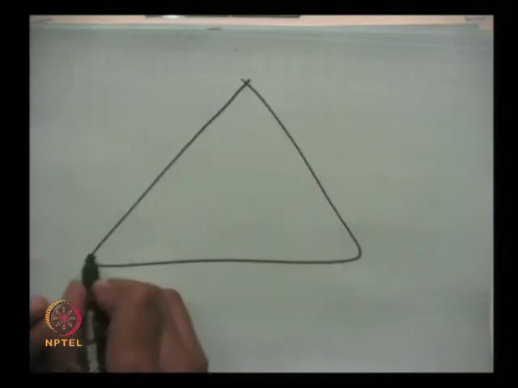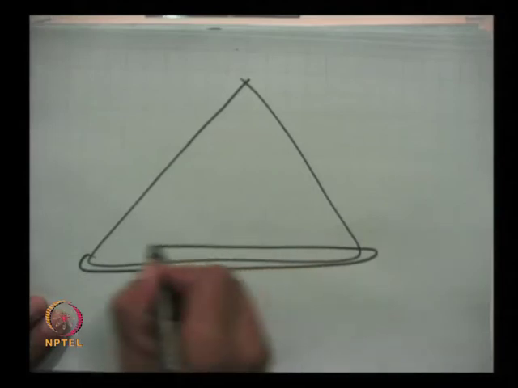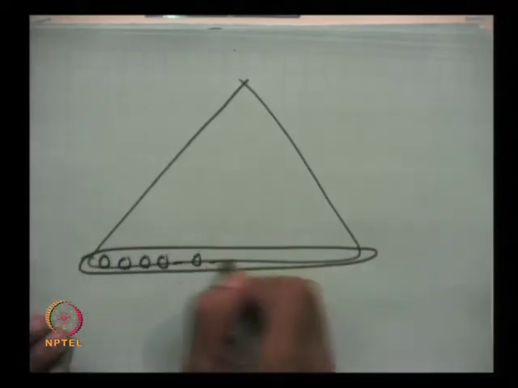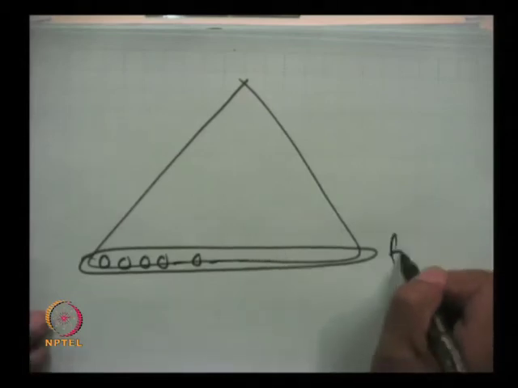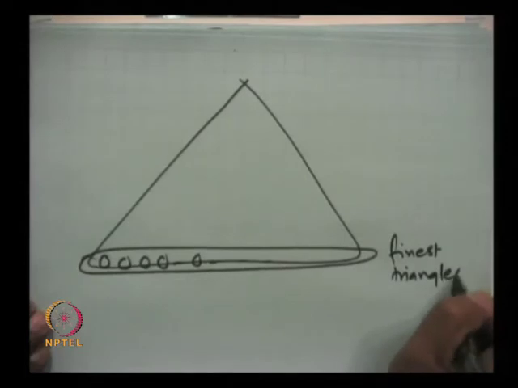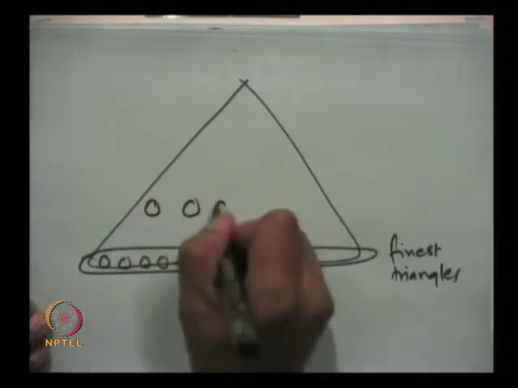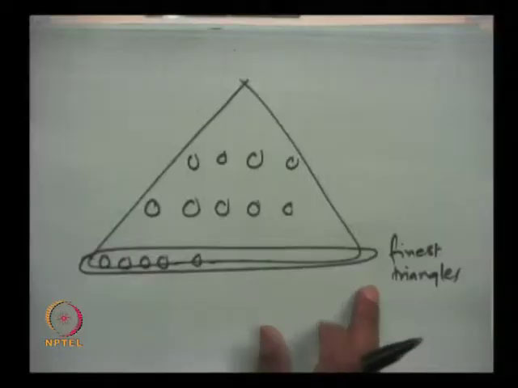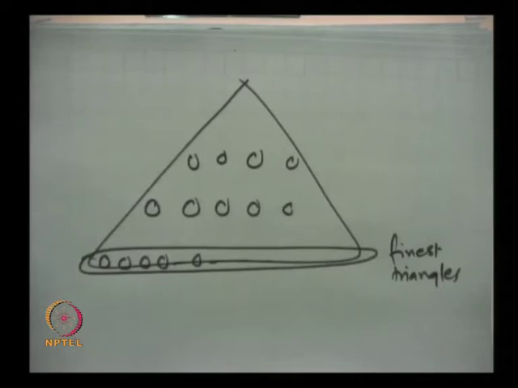Okay. So, the leaf nodes you have here, you have triangles, they are the finest triangles. Okay. And then the interior nodes, they will correspond to the bigger triangles that you have constructed. And you will see that these triangles will help us to guide a search, because otherwise if you land up here, then it will be a problem. You will see in a minute when I talk about that.